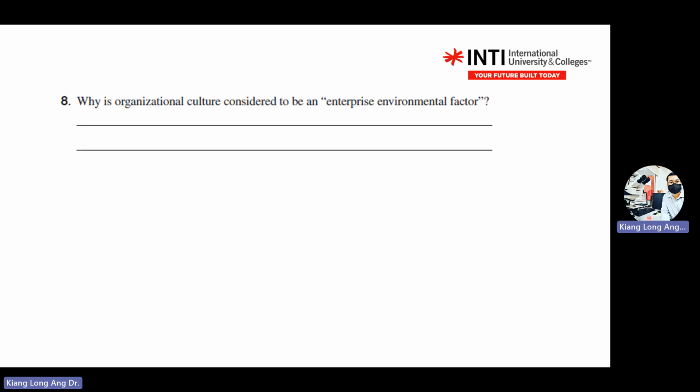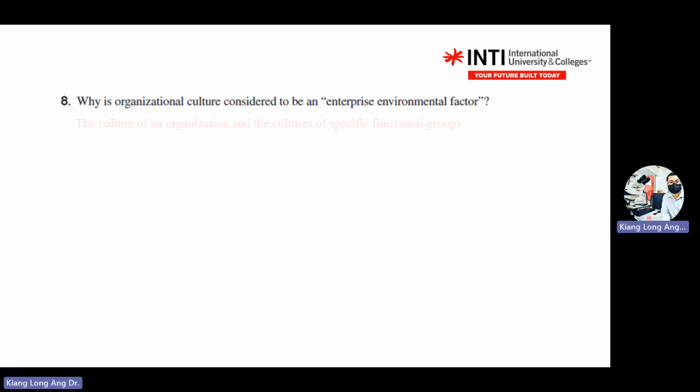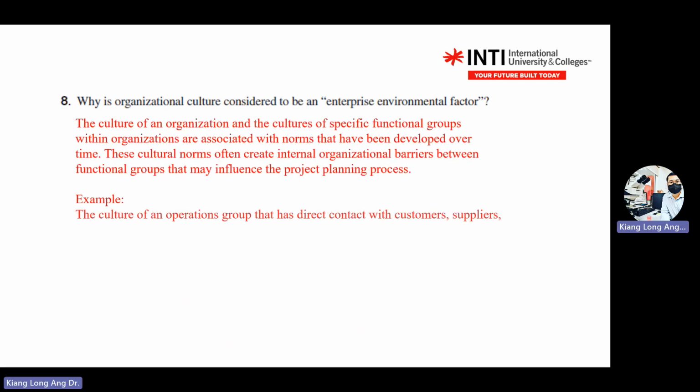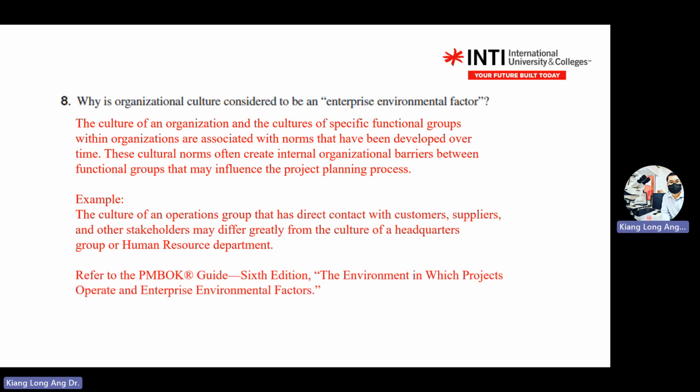So, I'll just give you a bit lengthy answer, but I want to highlight a few things. The keyword here is internal organization barrier. Cultural norms create barriers between functional groups and might affect the project planning process.